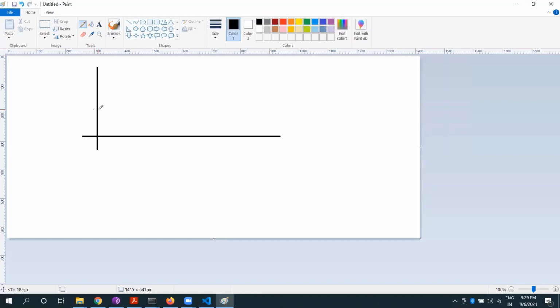Let's say this thing is 1 and 1. Now we have one element over here.